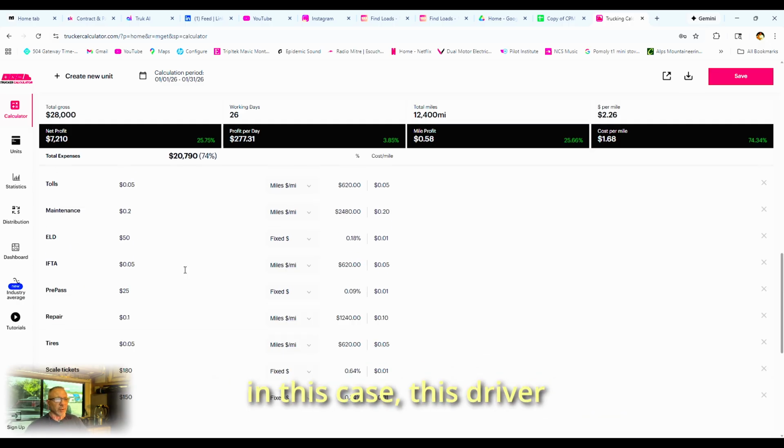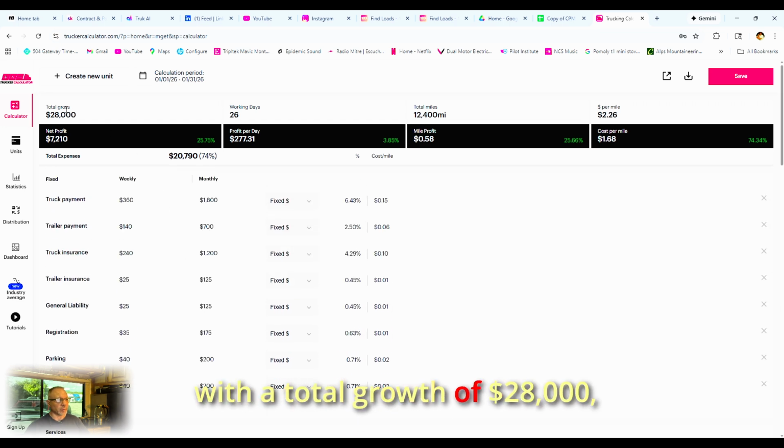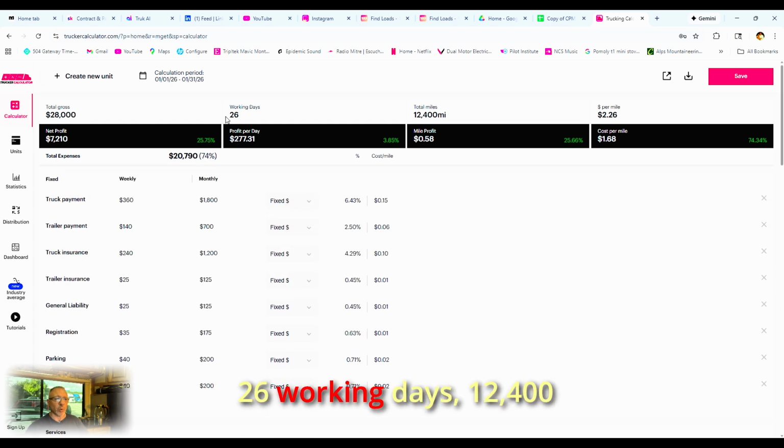So in this case, this driver with a total gross of 28,000, 26 working days, 12,400 miles in the total month, his net profit was $7,210 because the total expenses was $20,790.